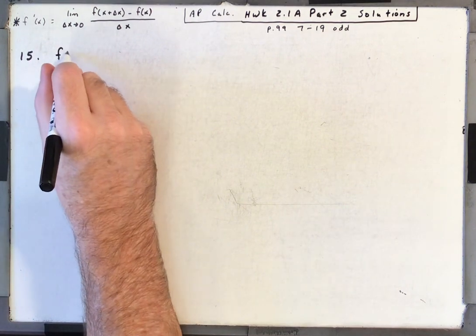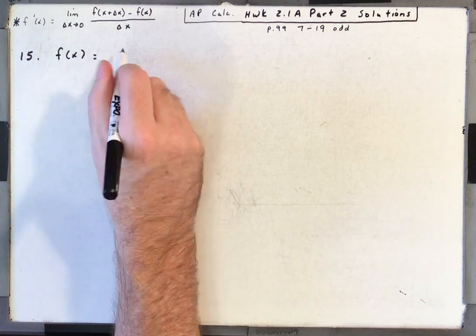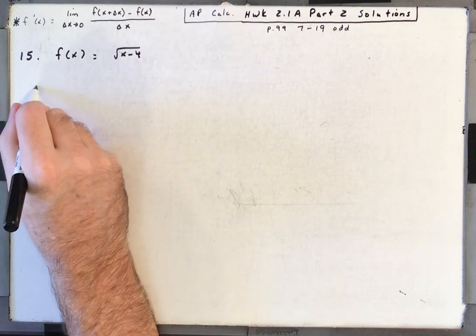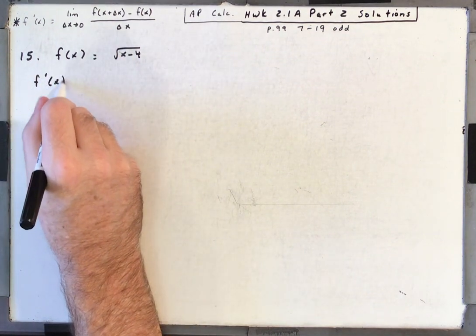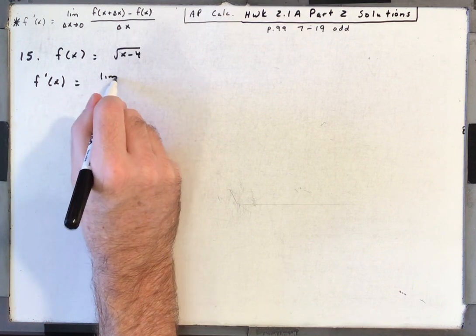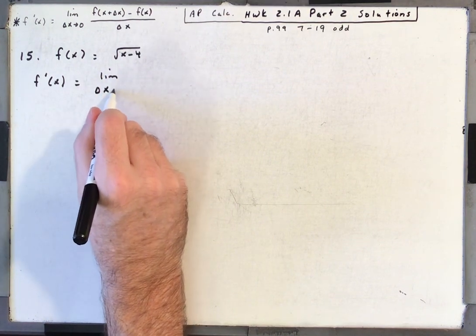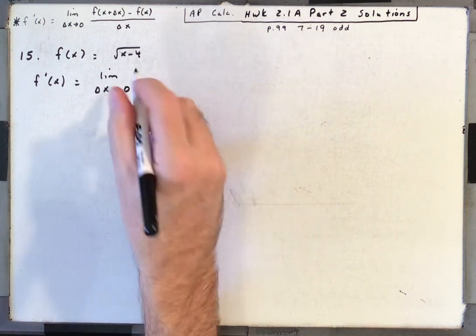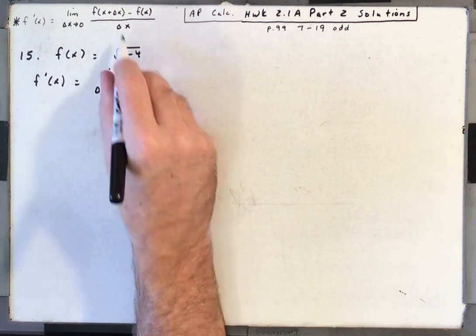We have f of x is equal to root x minus 4. So f prime of x is equal to the limit as delta x approaches 0 of f of x plus delta x.